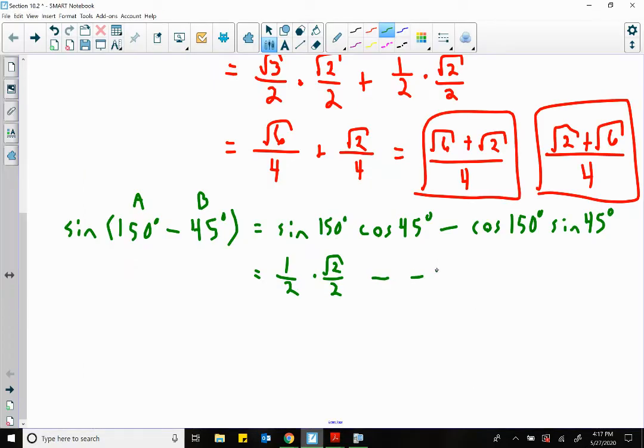So negative square root of 3 over 2. Sine 45 is the square root of 2 over 2. So hopefully you can see, basically, this is just the same thing. Because what happens with two negatives by each other? They become positive. So in the end, you're dealing with the same numbers and operations that you had before. Just this time, this guy is in the back.